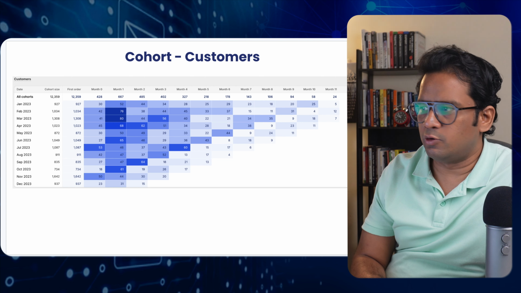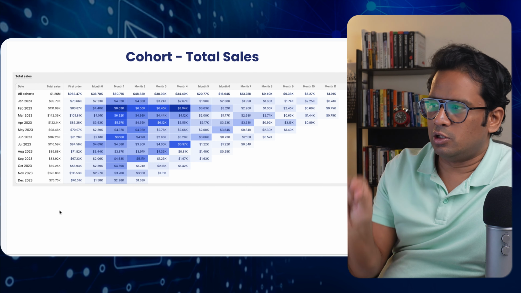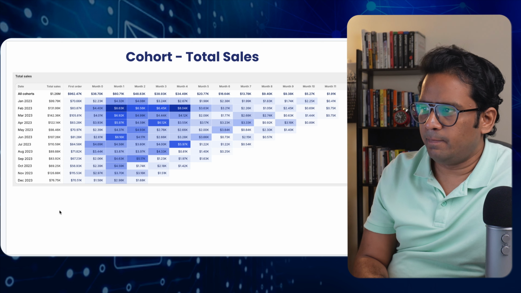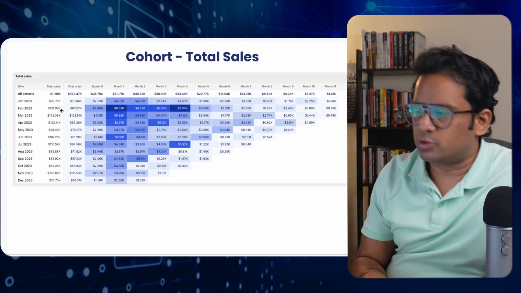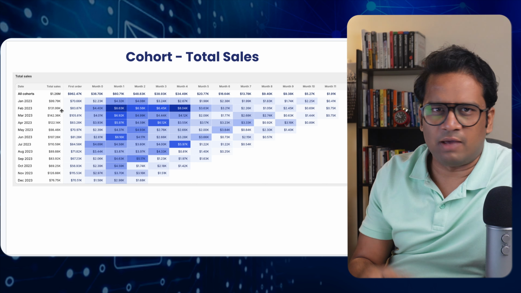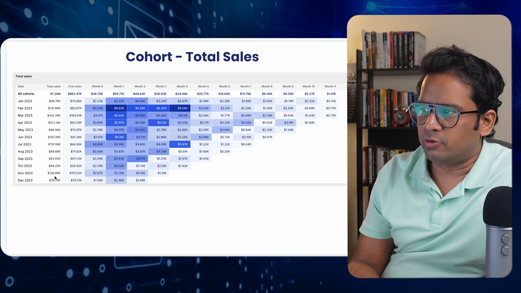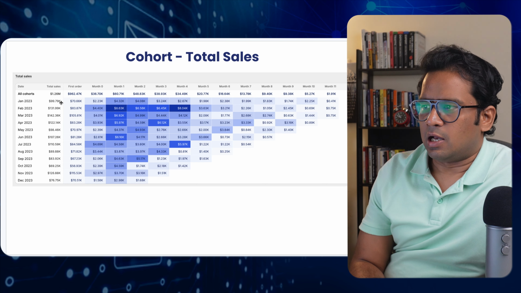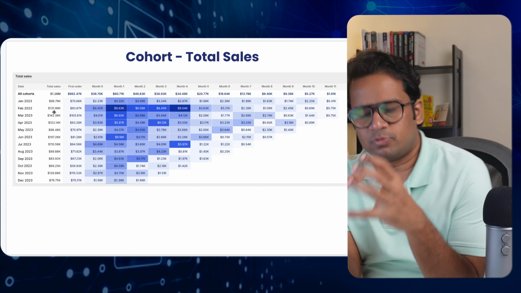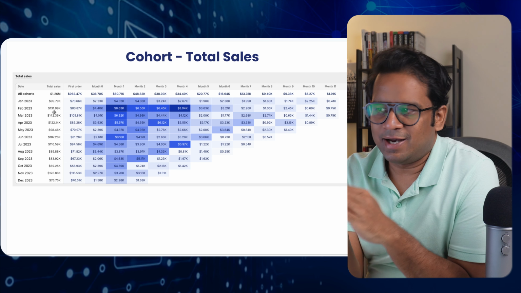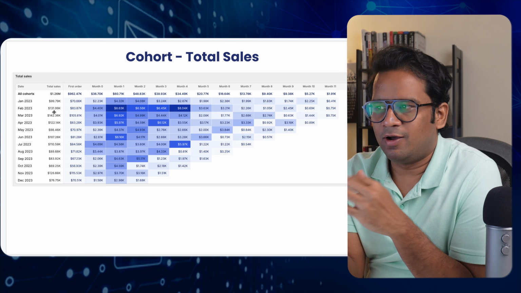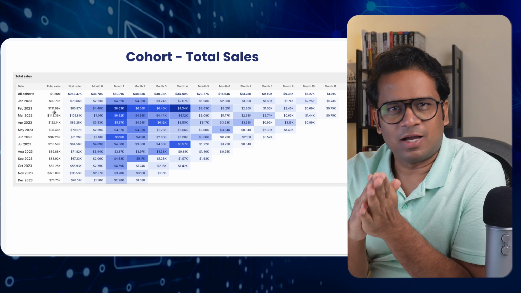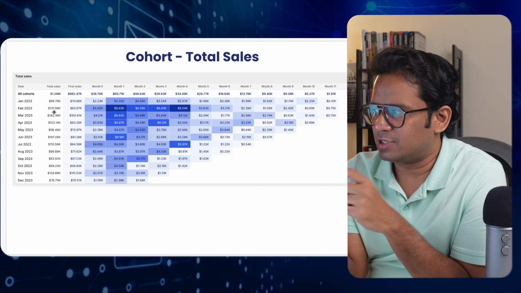And second is your total sales. So total sales is also something you can have a look at, the first month and eventually. What we saw in the average amount spent per customer is that the first month acquisition was about 80,000, but that customer base has brought $50,000 more into the account in the next 12 months.